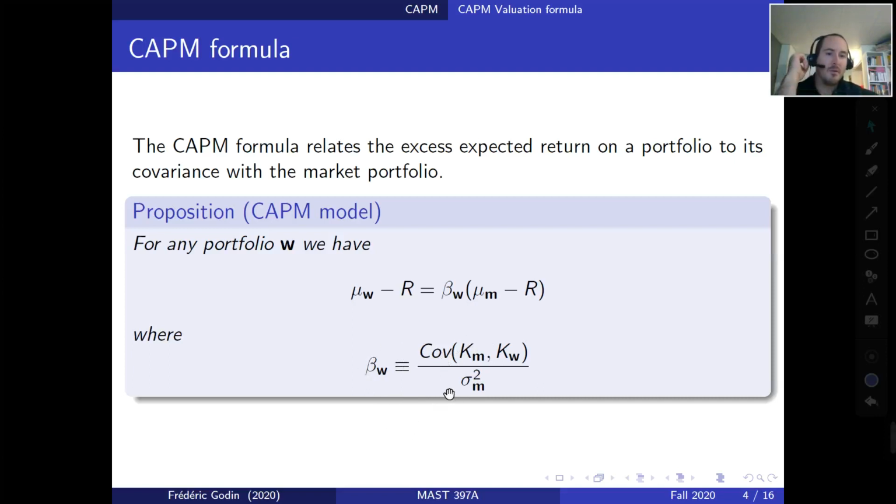Then you can plug this beta into this relationship, which you obtain from market historical data, and this tells you that the expected return of the security should be driven by this relationship.